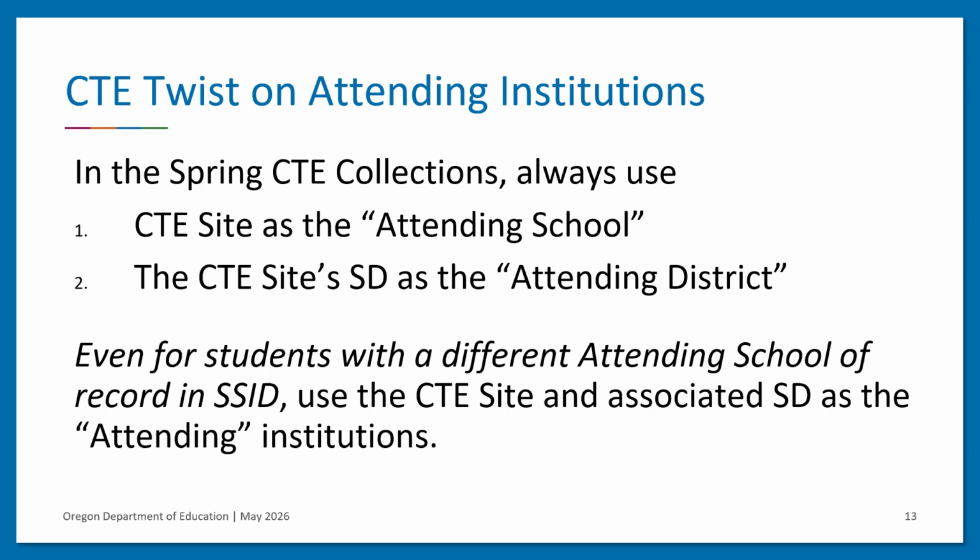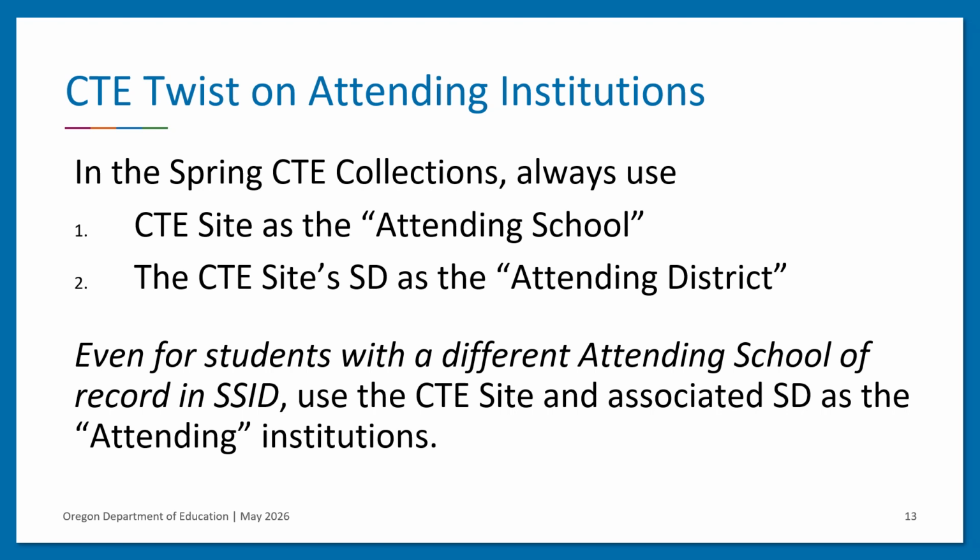A single student may be a Category 1, Category 2, or Category 3 student at multiple CTE sites in one school year if their various enrollments meet the student category requirements. Such a student will appear in each CTE site's CTE student collection, all in the same collection year.